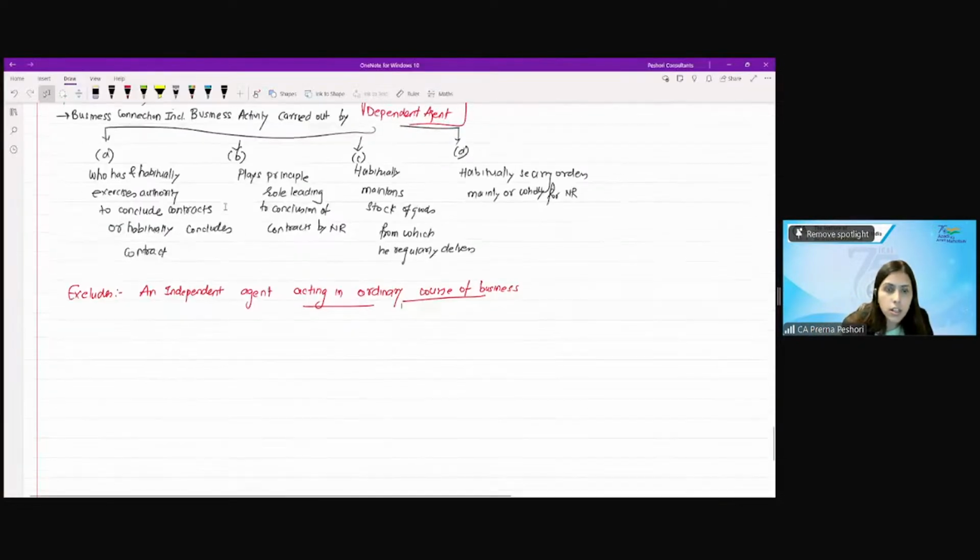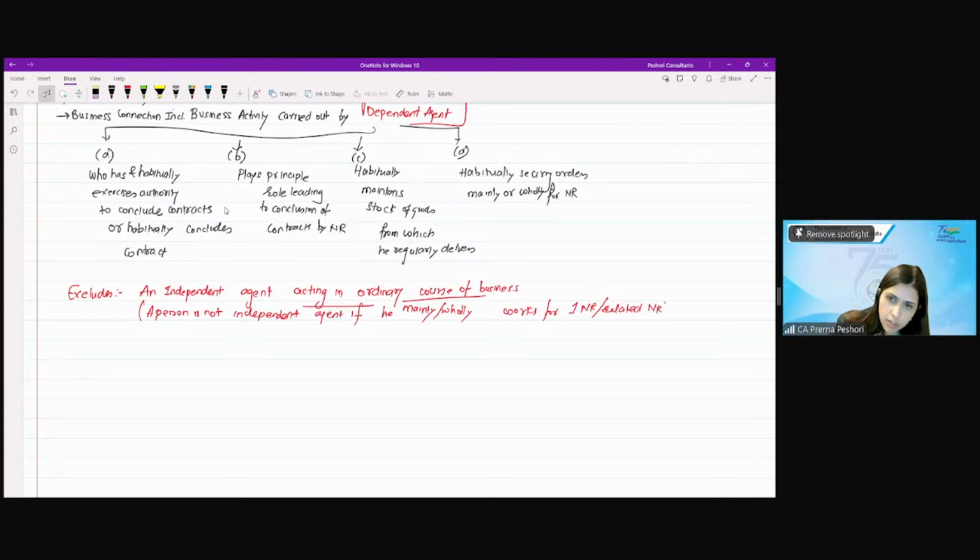So, a person is not an independent agent if he mainly or wholly works for one non-resident or related non-residents.